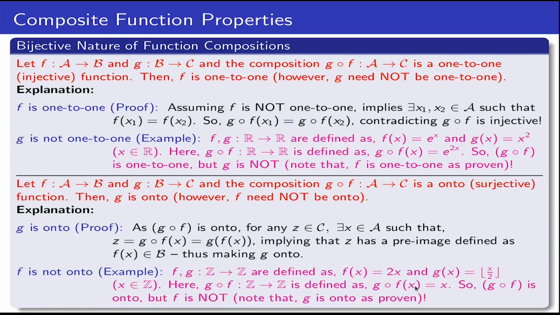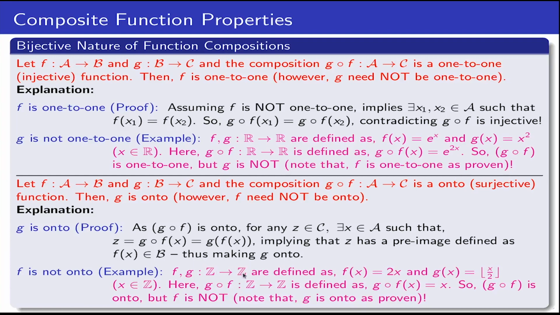Now you see, is f(x) onto? No, because here you have defined f(x) equal to 2x. So it only maps the even numbers of your codomain to something in the domain.